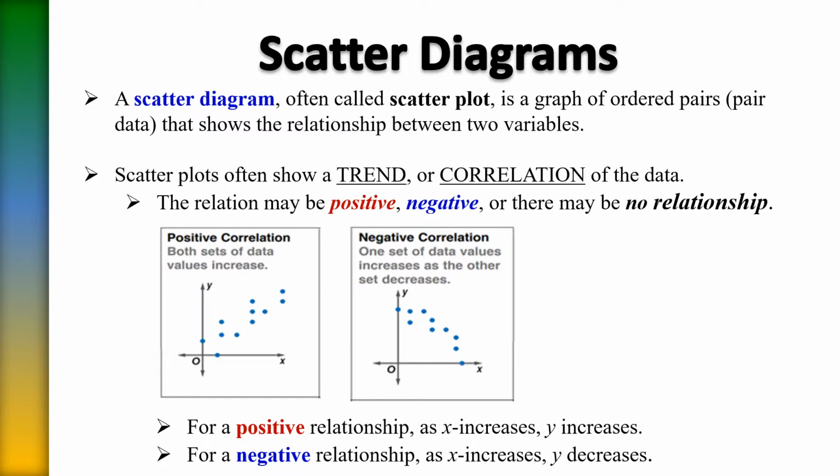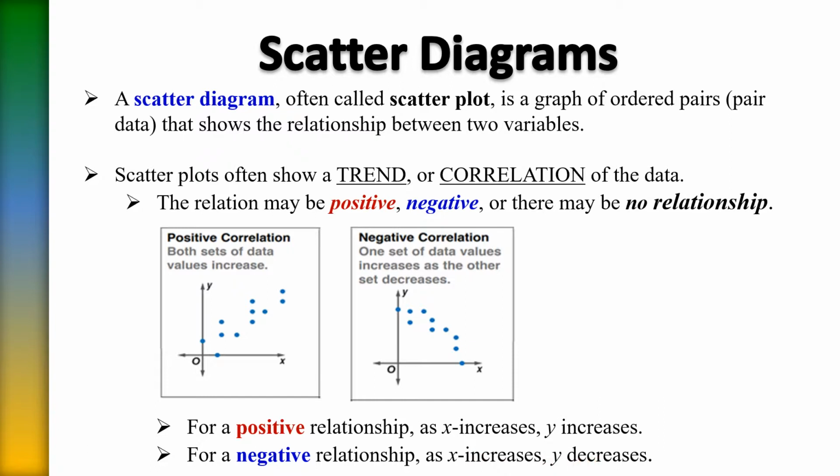Well, they're going down. So your y decreases. So negative relationship, as x increases, y decreases.